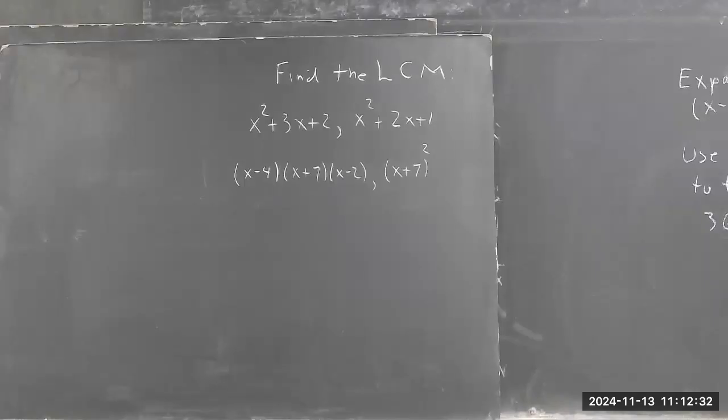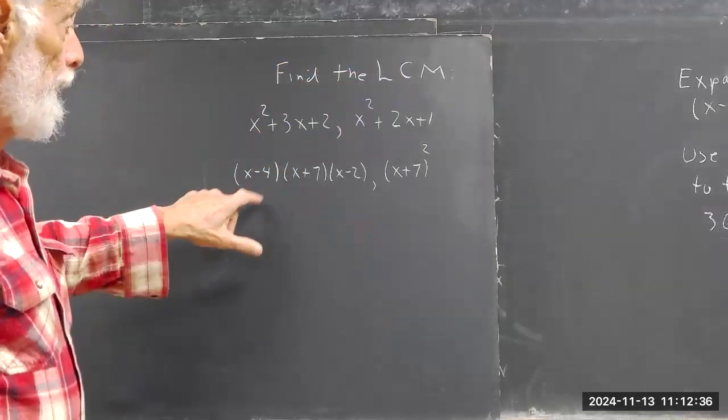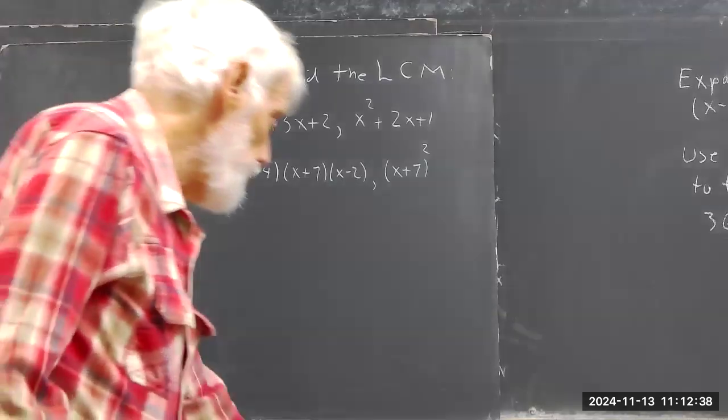Okay, so we have the problem to find the least common multiple of this pair of expressions and this pair of expressions.